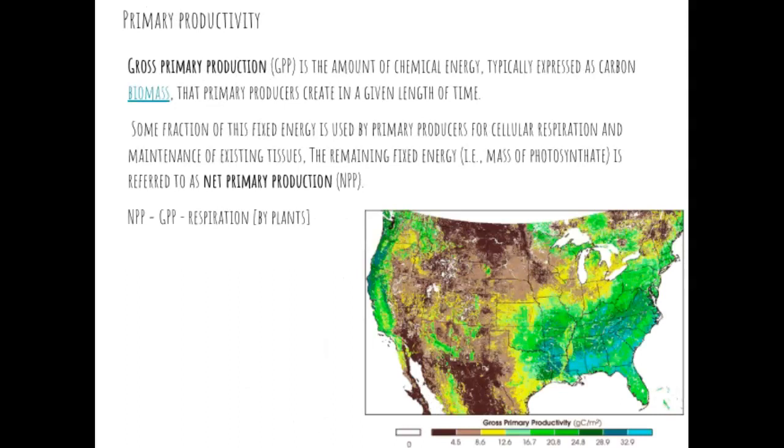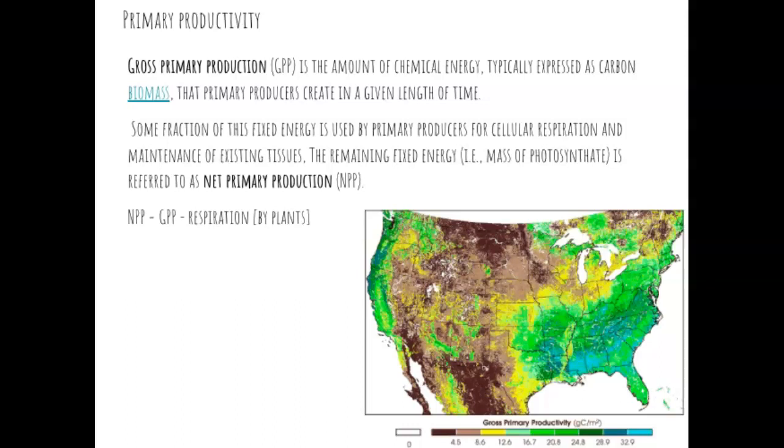So when we're talking about the base of a food chain, or the base of a food web, which is the amount of plant biomass there is, what we're talking about is primary productivity. We can look at primary productivity based on the gross primary production, or GPP, which is the amount of chemical energy that is created, which is typically expressed as carbon biomass.